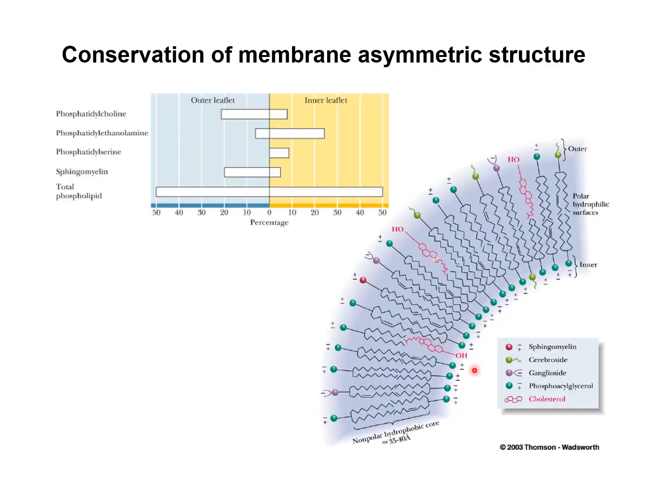This is a cross-section of a biological membrane, where you see the inner leaflet and outer leaflet of a lipid bilayer structure. As you can see here with the different labeling, there is an asymmetry in the composition of the lipid molecules between the inner and outer leaflets.